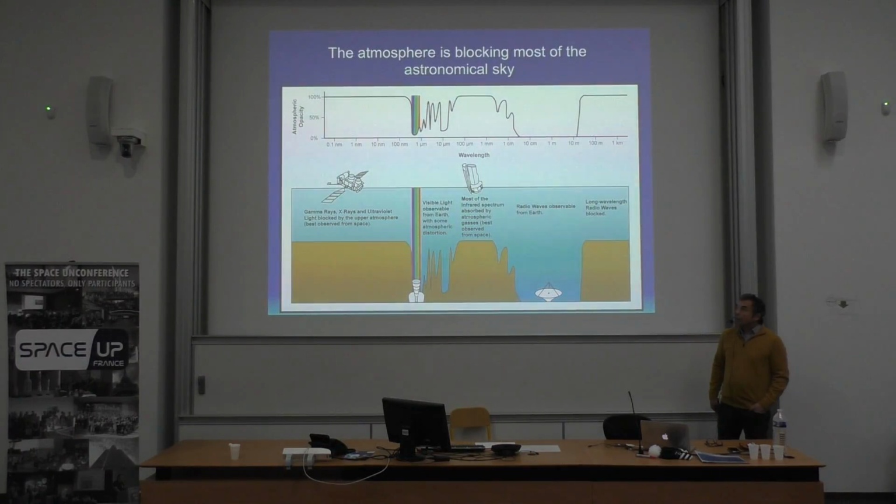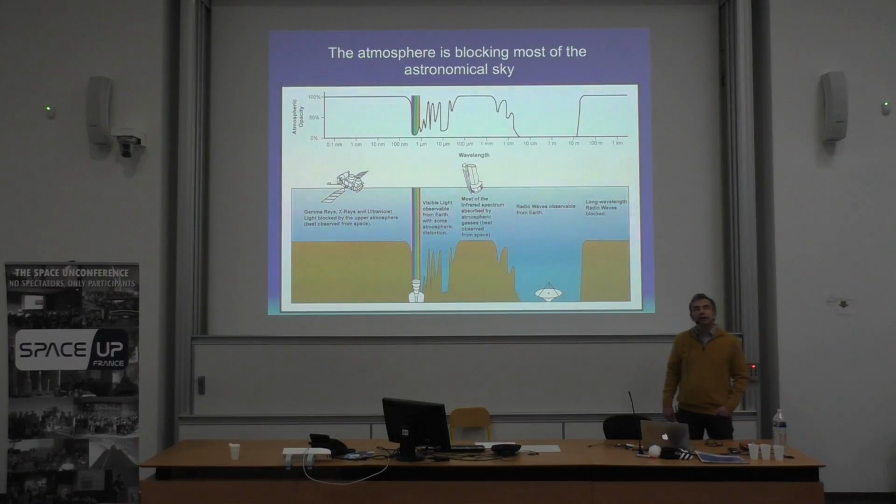So to explain why we go to space with satellites like Planck, and there are many others in the end, I will show you the agenda of our science space missions for the years to come. It's basically a question of the atmosphere, which is really a problem. At the top of this slide you have the atmospheric opacity.